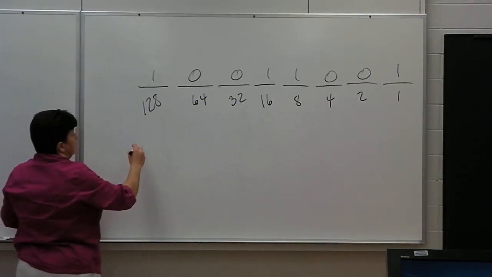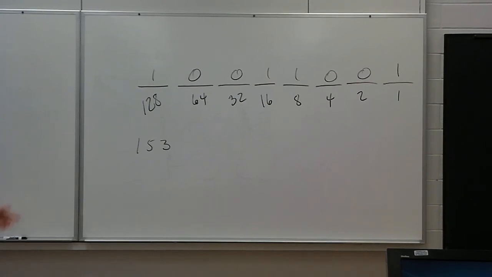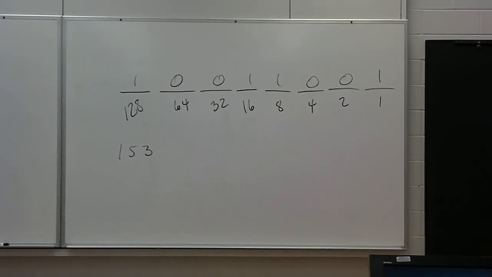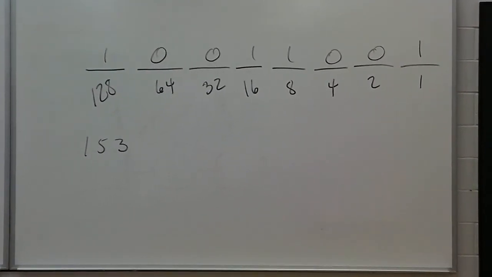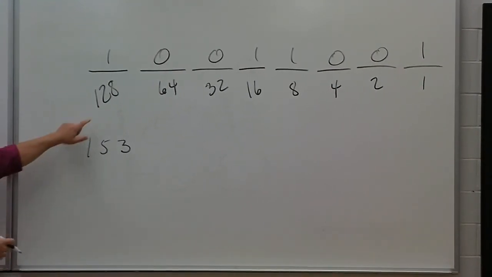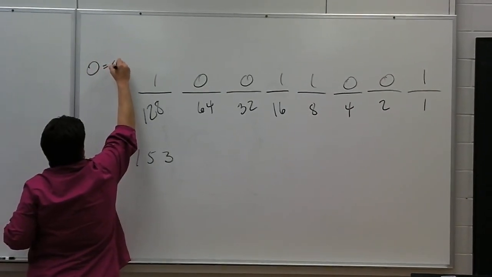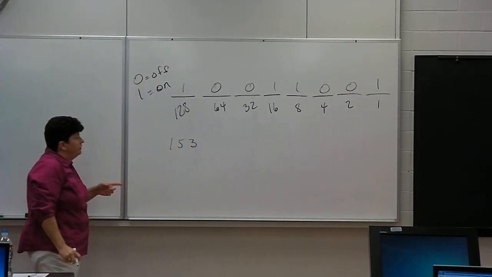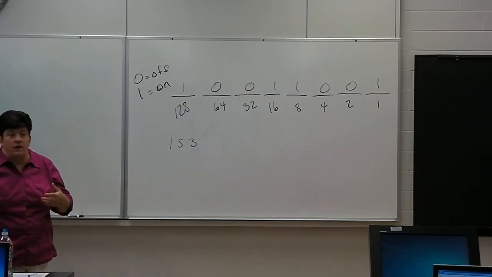What's our first vote? 153? Since I'm not going to add it up, I'm going to assume you're correct. The way I look at it is if you had a board that had lights behind it, and these numbers could be lit up, because a 0 equals off and a 1 equals on, I am basically saying to you, only add up the numbers that are on. Just add up the numbers that we light up.